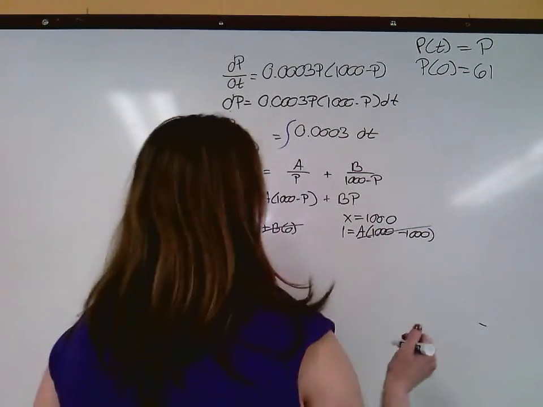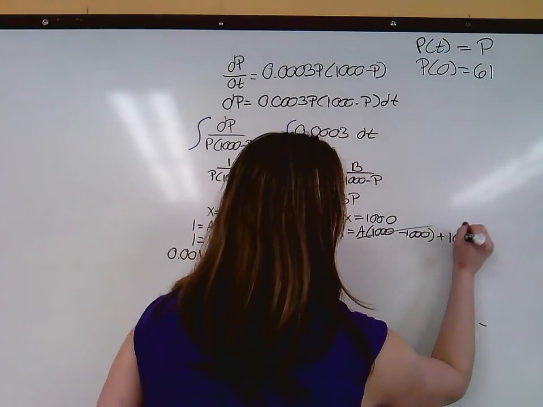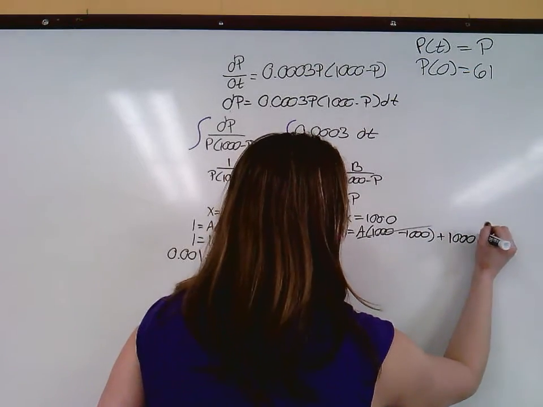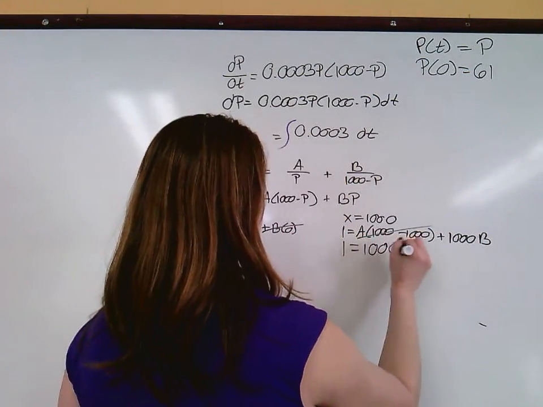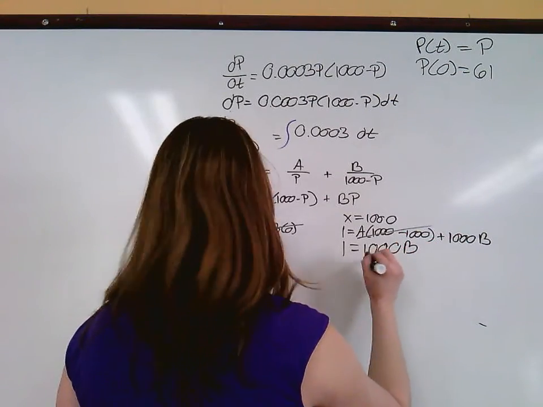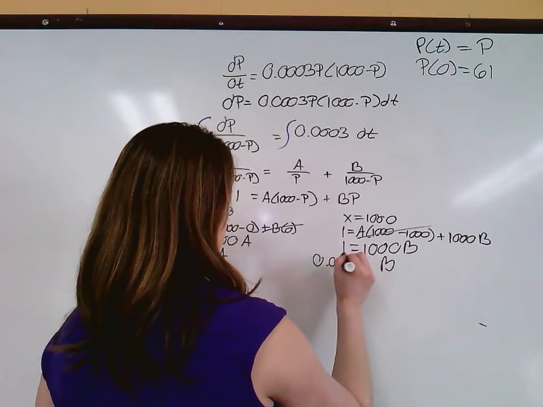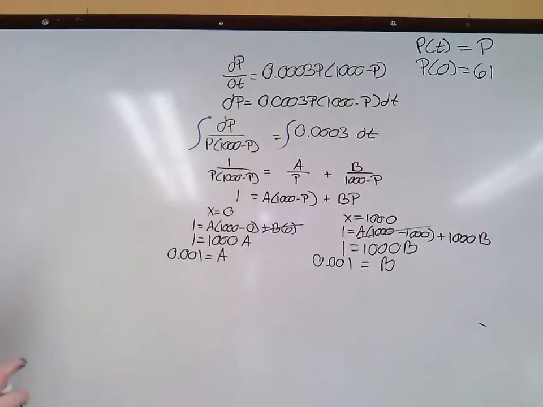Plus B times 1,000. So you got 1 equals 1,000 B, B equals 0.001. Great, now I am sort of ready to integrate.